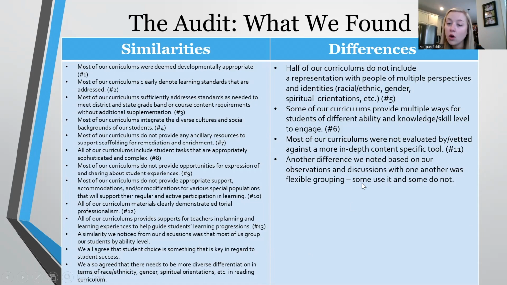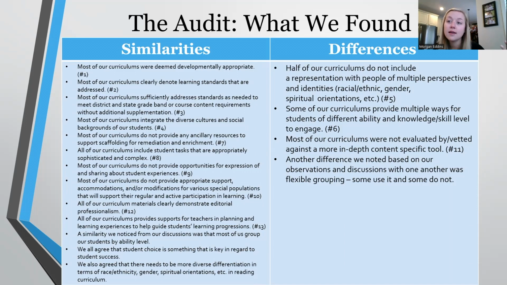But another thing that we saw is, like I said earlier, the flexible grouping. Some of our groups used it and some of our groups did not. And that was something that we knew was important for differentiation. The need for grouping, the need for a variety of text, the need for student choice, the need for text at different levels, the need for self-selection during reading time.